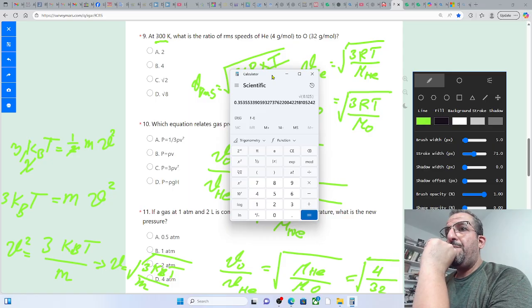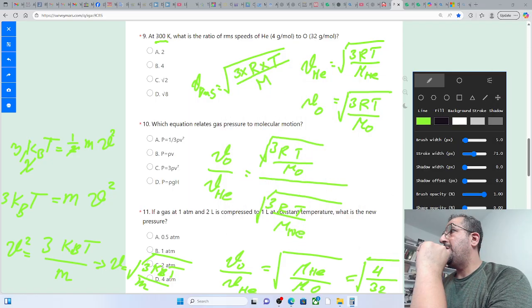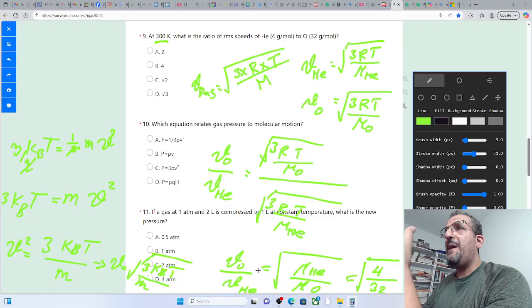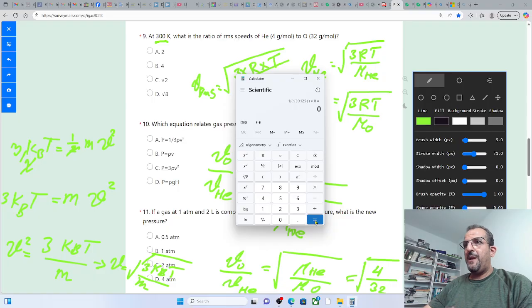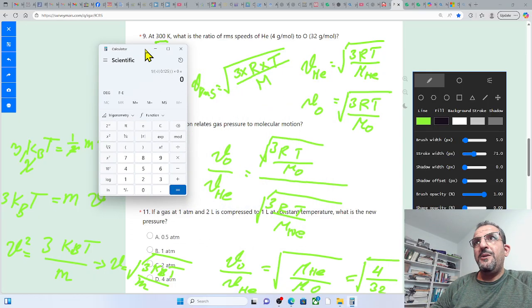Look, I did here oxygen to helium, so I just need to flip this equation. Let's redo the calculations again.